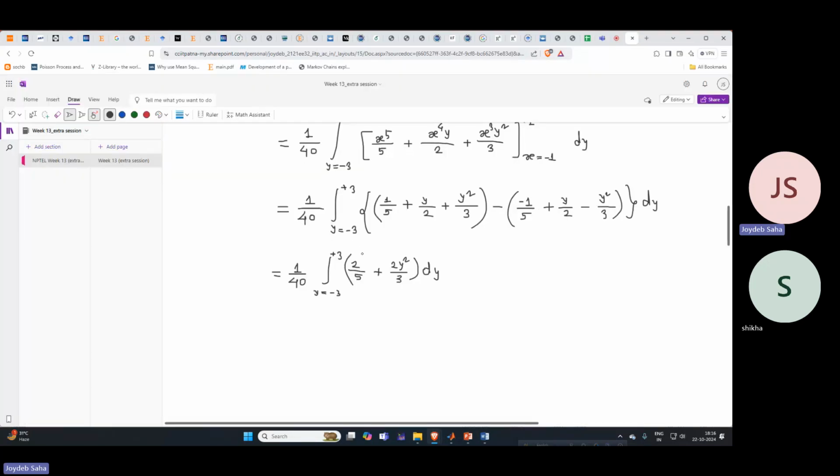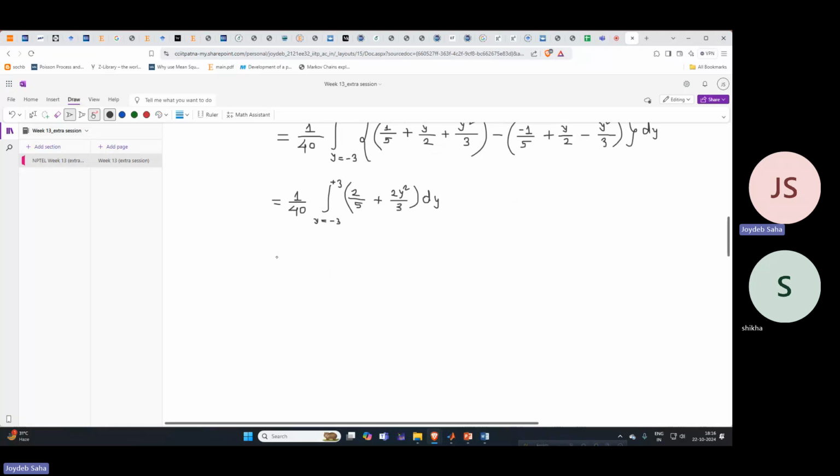If there is any query or anything you are not understanding, then please ask. So this we can write 1 upon 20, y is equal to minus 3 to plus 3, 1 upon 5 plus y square upon 3 dy.